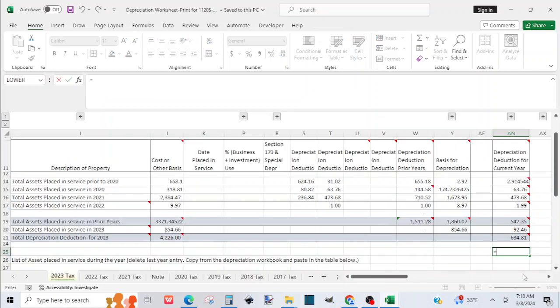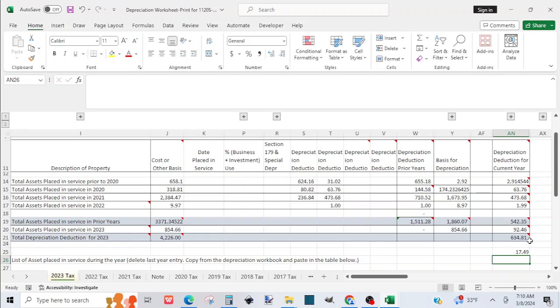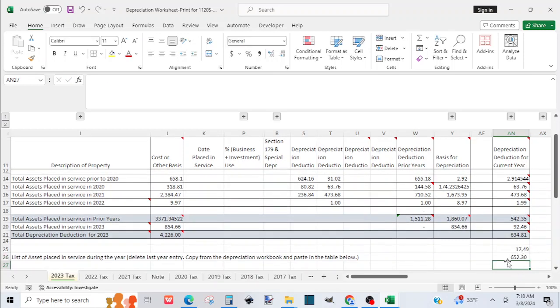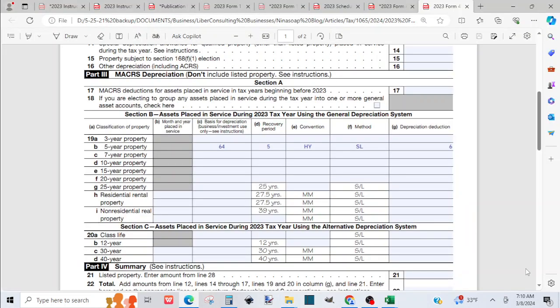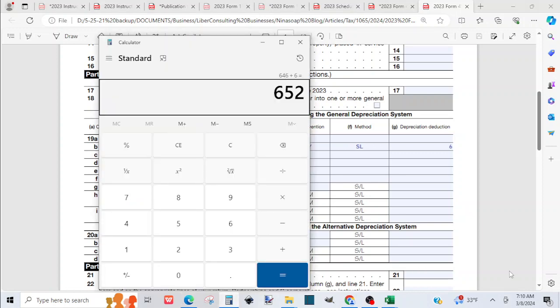So equal 34.98 divided by 2. If I just do equal this one plus this one, you can see it's 652. Yeah, 652. So that 652 will go to our calculator, 652.